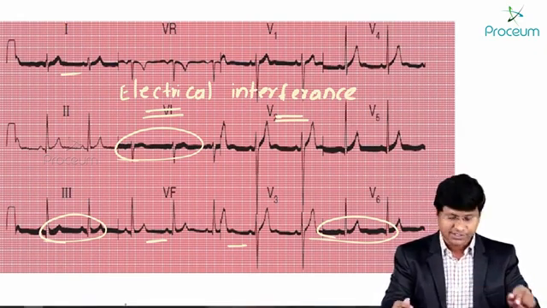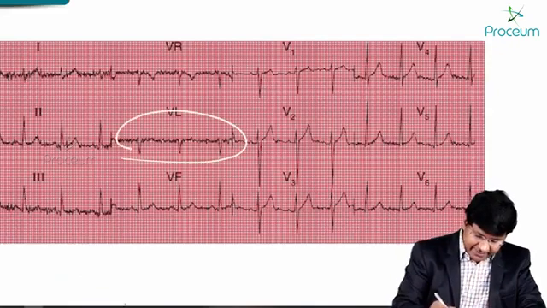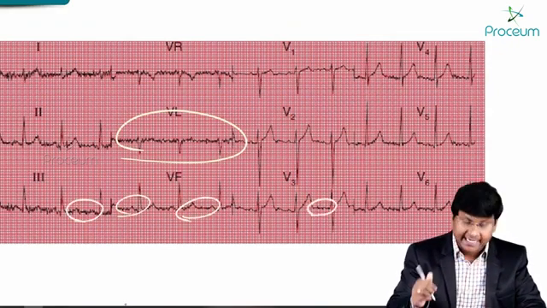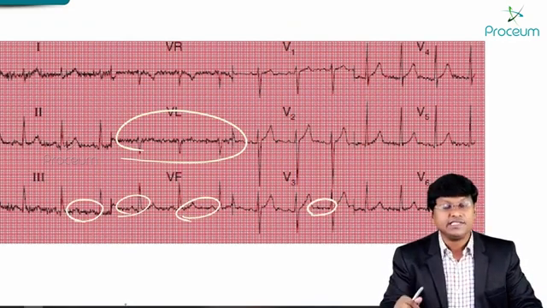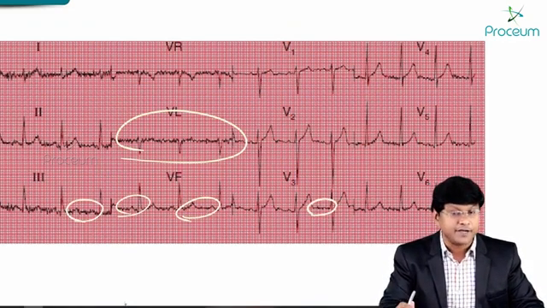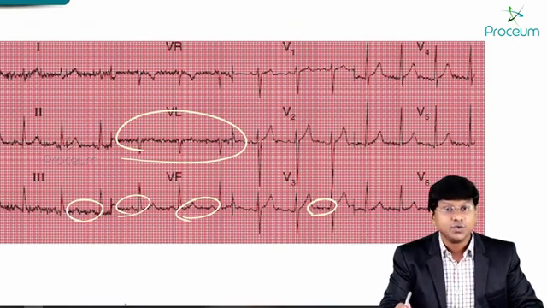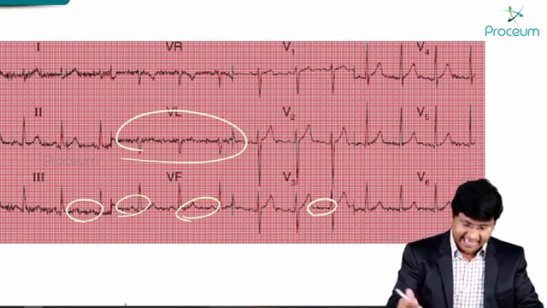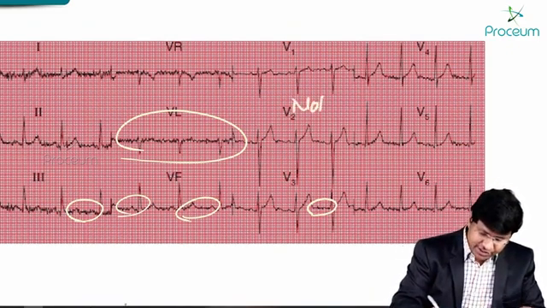Now you take one more ECG. There is no proper isoelectric baseline, so you are having a complete zigzag. This is the ECG taken from a subject who is not relaxed. He is shaking.